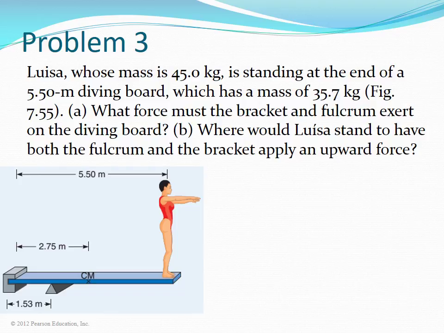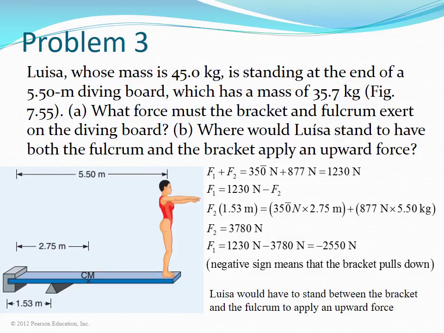Pause the video to work on the problem. Did you get that the force is minus 2,550 newtons and that Louisa would have to stand between the bracket and the fulcrum to apply an upward force?